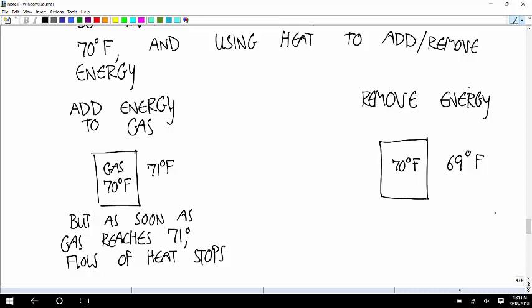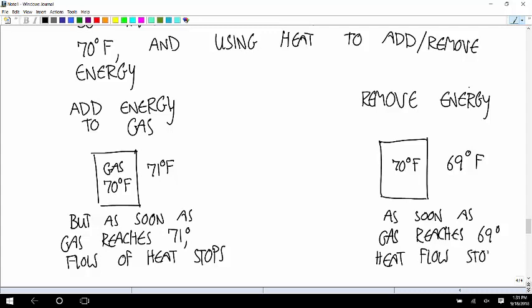Heat flows out of the gas into here, but as soon as the gas reaches 69 degrees, the heat flow stops.